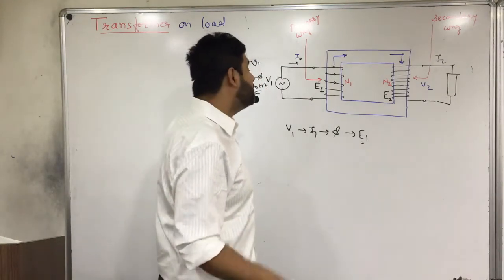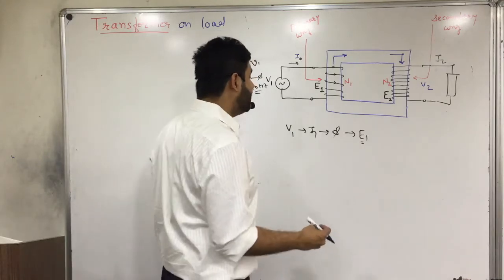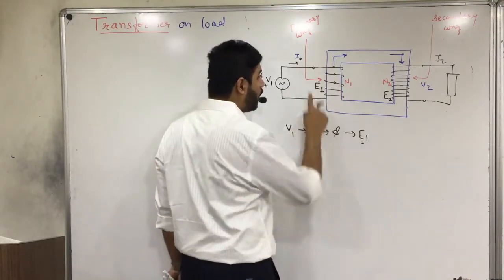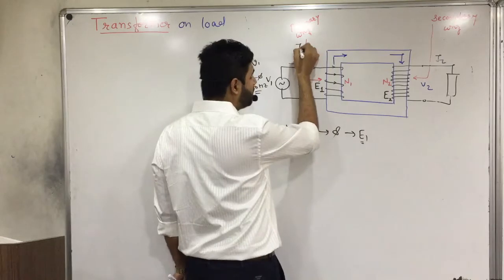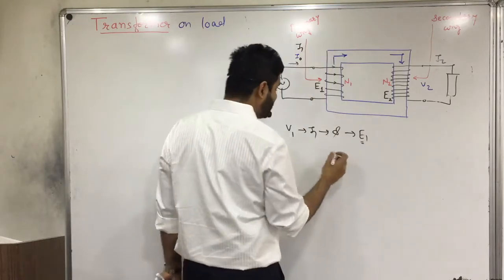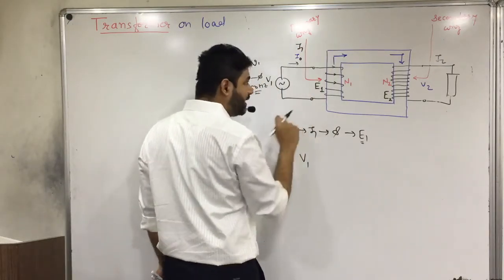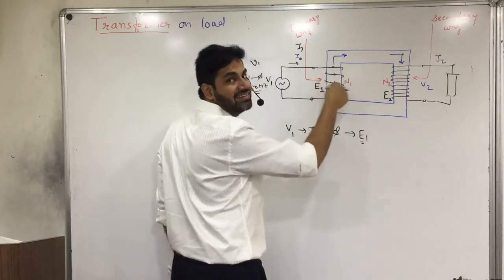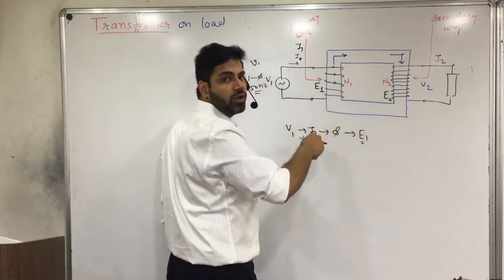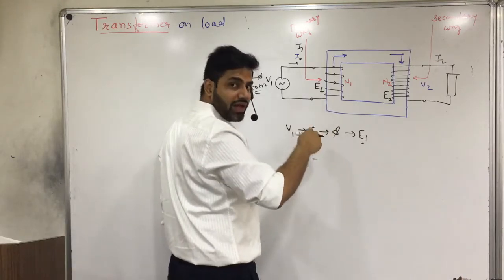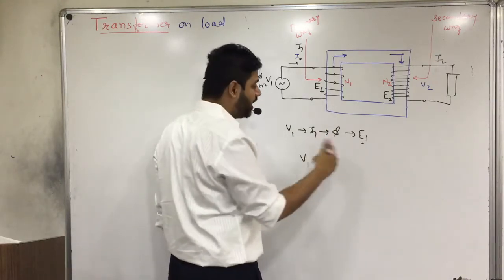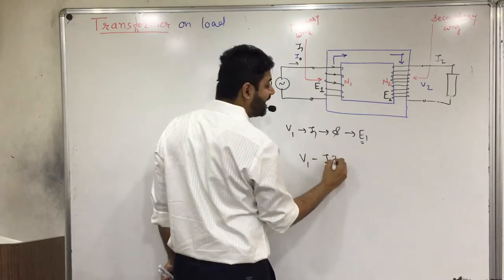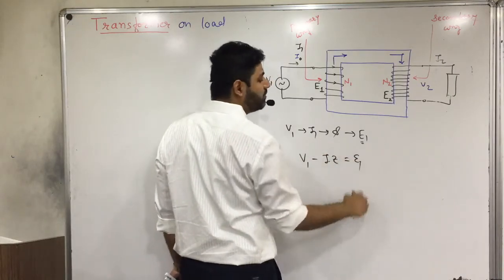Fine. So basically when I say this current I1 or I0, whatever current, I1 is here, so we can say that V1 supply दिया, उसमें से इसमें जो IR है, IZ है, उसका ड्रॉप हो गया, फाइन, उतना वोल्टेज कम हो गया. सो V1 माइनस IZ का ड्रॉप हो गया, तब जाके मुझे E1 मिला.